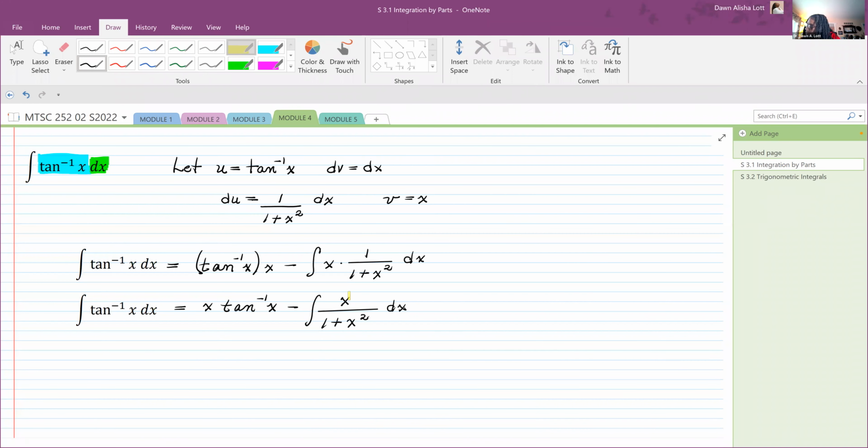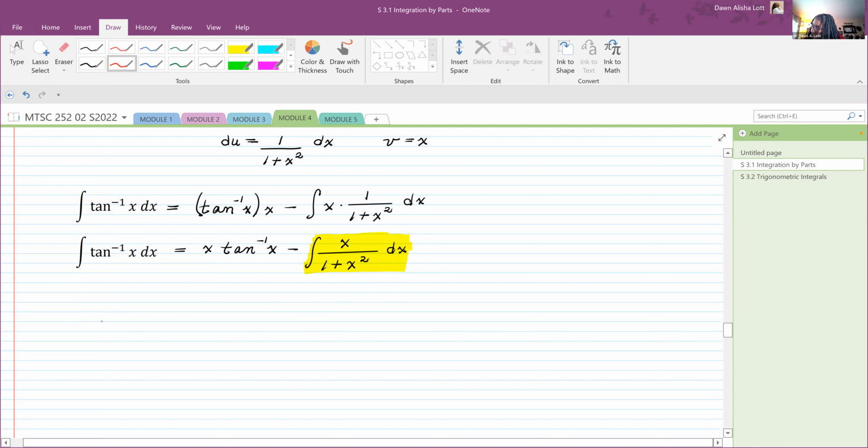And now I have to do this integral. If you can't see right away what this integral is, then you have to go off to the side and compute it. So let's compute it. We have the integral of x over 1 plus x squared dx. Now I'm going to do a normal, simple, basic u substitution.